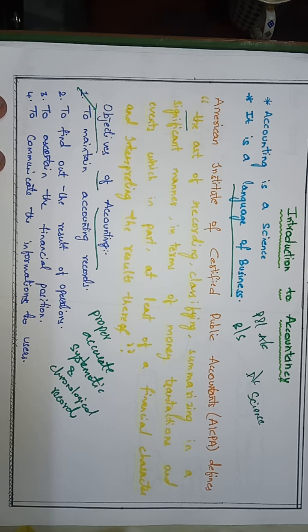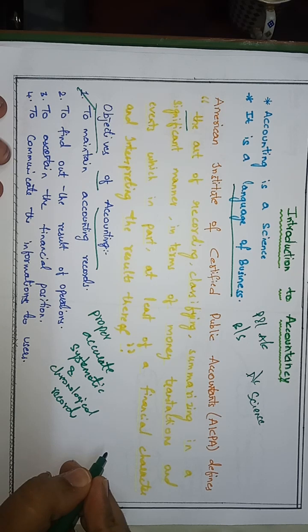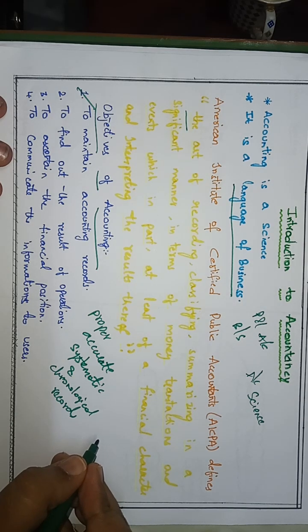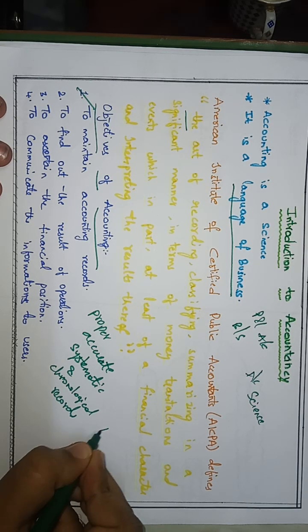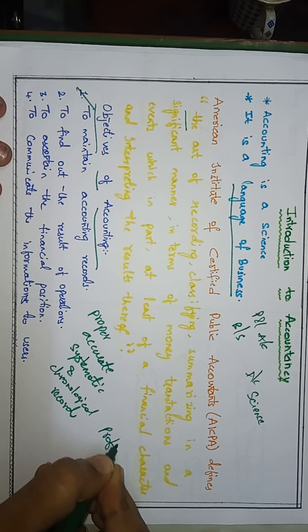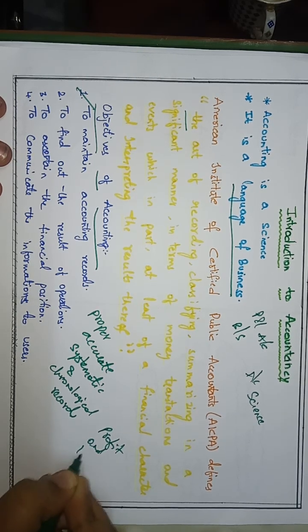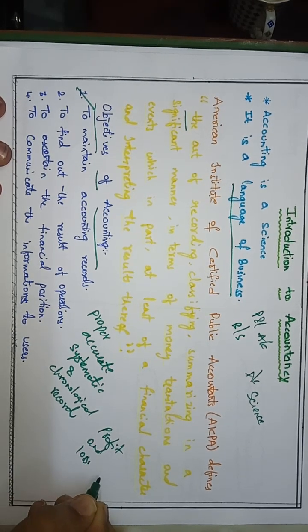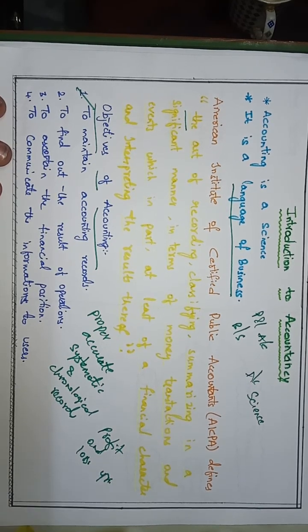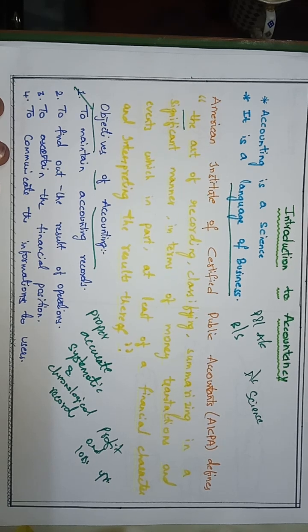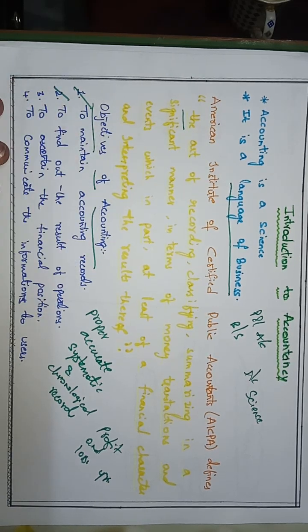By preparing the accounts, we are going to know the profit or loss for a particular year, whether our business has incurred a loss or earned a profit. This is informed with the help of the accounting process.